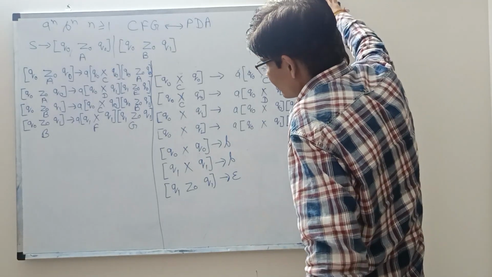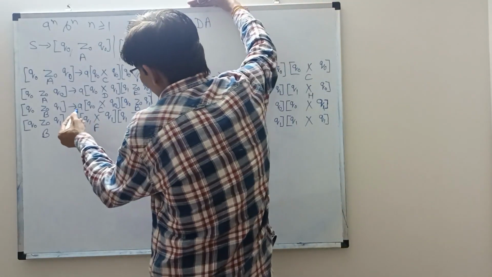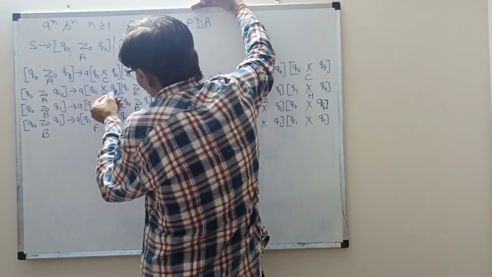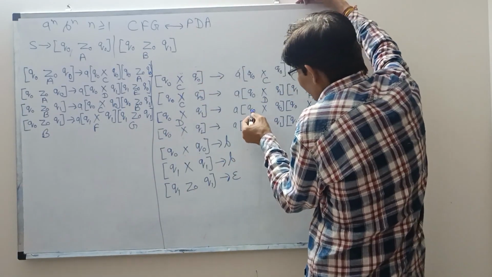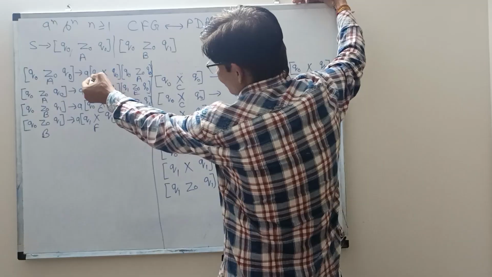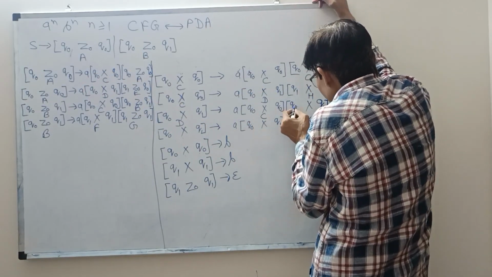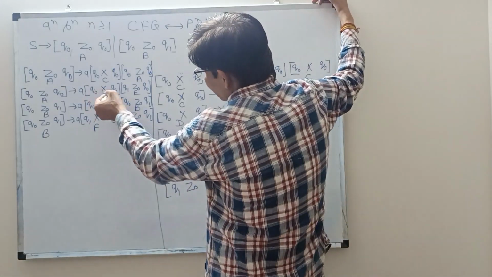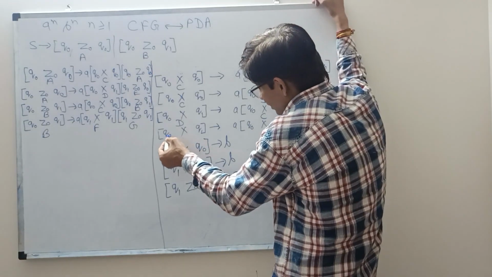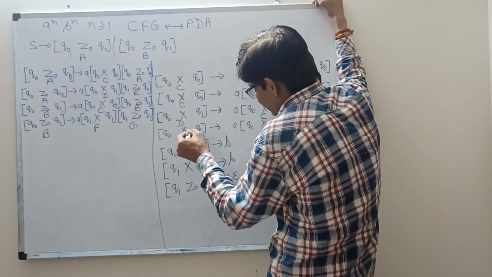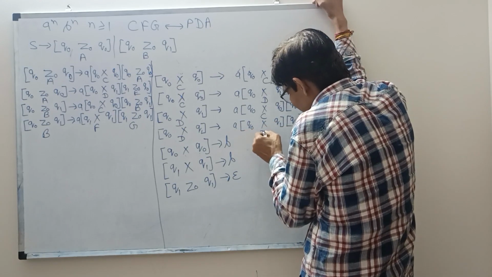It is a new variable. Now Q0 x Q1, Q0 x Q1, we have already given this the name D, and Q0 x Q0, we have already given the name C. Then Q0 x Q1, we have already given the name D. Now Q0 x Q1, again it is D. Then Q0 x Q1, it is D again.